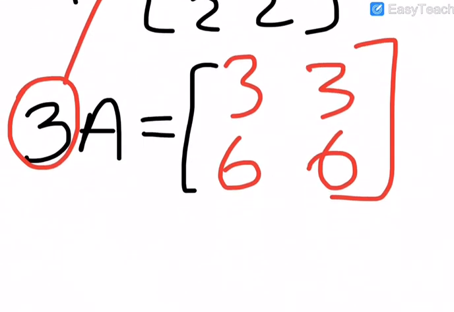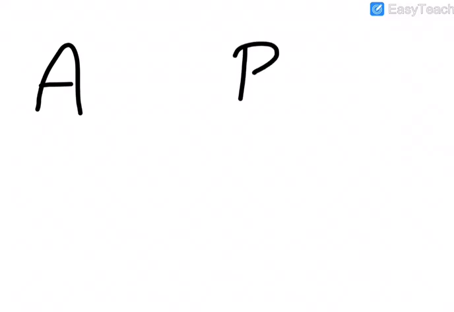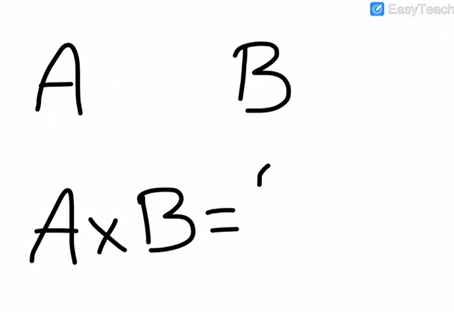Now, you may ask, can we multiply two matrices? Yeah, of course. Let's say if you have matrix A and if you have matrix B, can we define A times B?